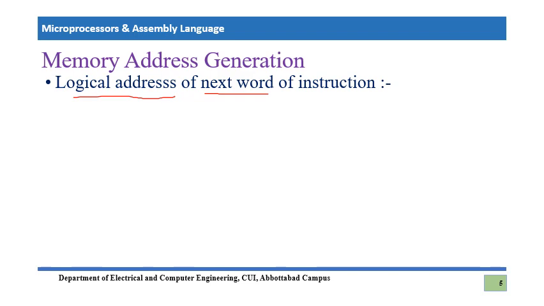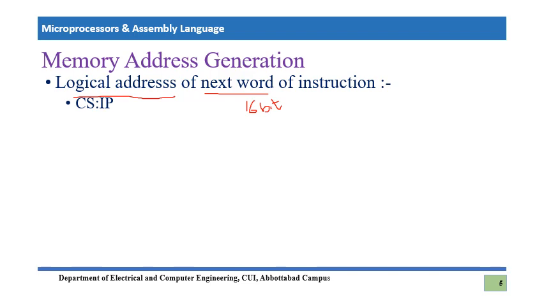Remember, the word is used in the context of 16 bits. So a word means 16 bits of information, so 16 bits of instruction. Wherever the next 16 bits of instruction are stored, the address of that 16-bit instruction, or logical address, will be equal to code segment colon IP.